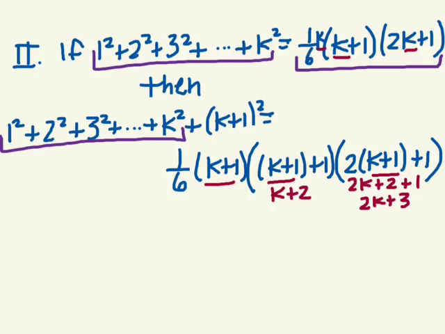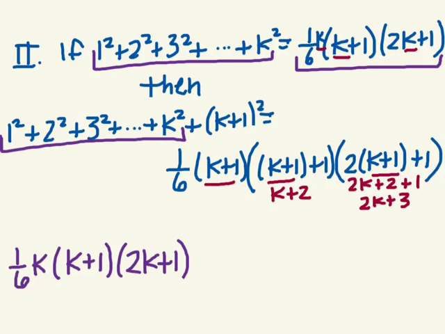So I can replace 1 squared, 2 squared, 3 squared, through k squared with this 1/6 k situation. And then the only thing I have left that I haven't brought down from my then statement is this k plus 1 squared.